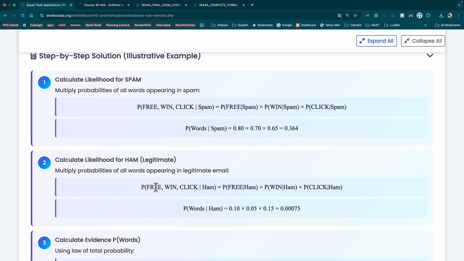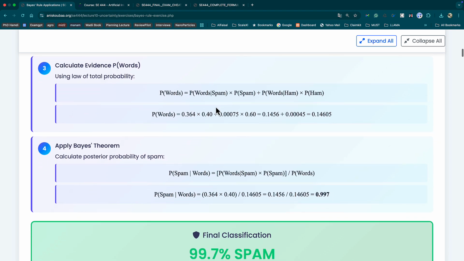The probability of free, win, click. Now we calculated this, right? So we want to calculate this. The probability of words, using the law of total probability, we can write it. The probability of words given spam multiplied by spam, plus the probability of words given not spam multiplied by the probability of not spam.